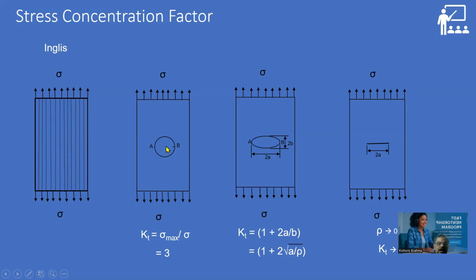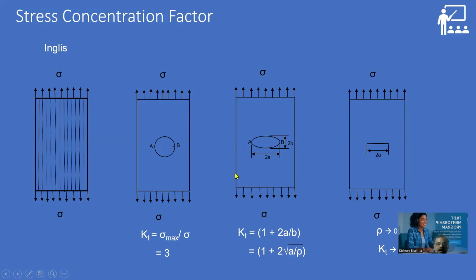Once you have a discontinuity in the form of a hole, since it is still in equilibrium, the stresses have to pass along the hole, thereby causing stress concentration at points A and B, where sigma max by sigma y is equal to 3. That is, an infinite plate with a circular hole will have a Kt equal to 3.